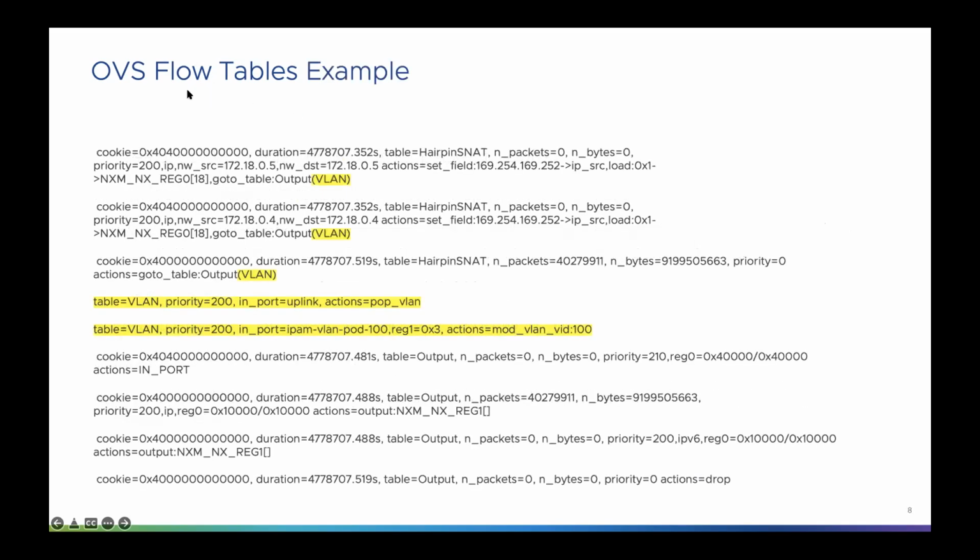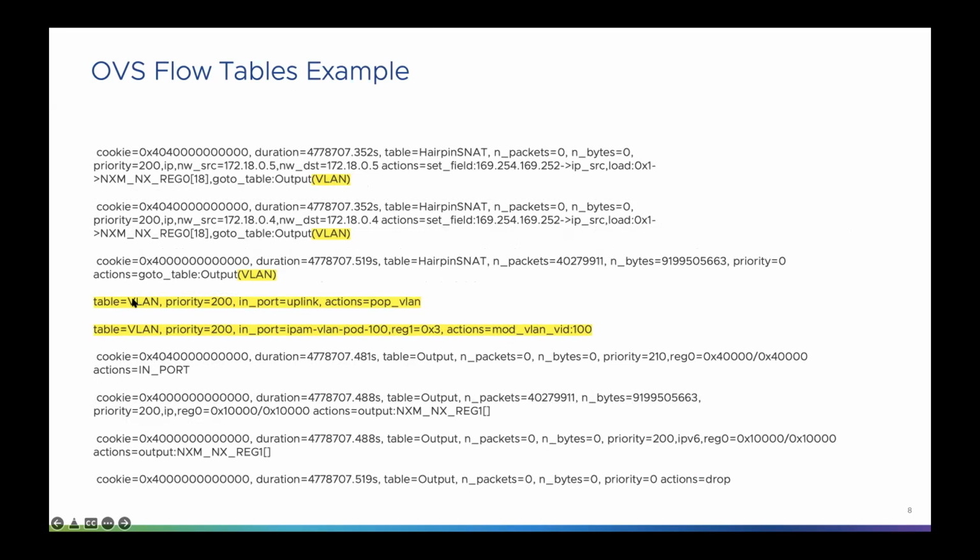And here is an OVS flow table example. We can see the last table is output, and the previous table is hairpin SNAT. We need to set the go-to-table action from the output to the VLAN table.